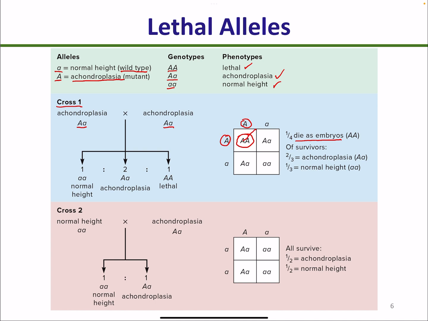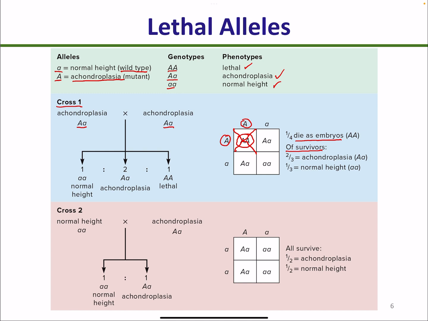So really, this doesn't count when we are looking at the ratios in the offspring, because this is lethal, right? So we are going to focus on only survivors. So the chances of surviving are only 3, right?